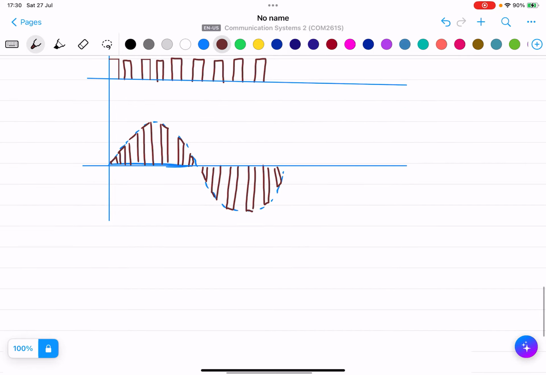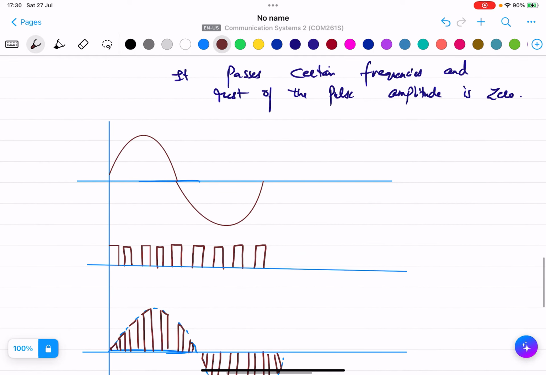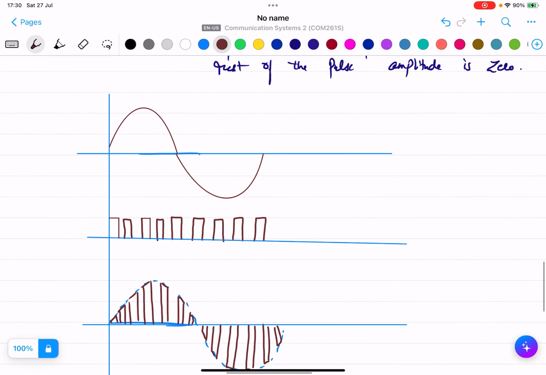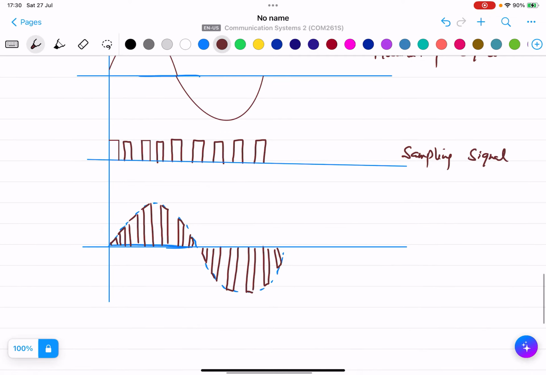So this is your sampled signal. Because it is PAM, the amplitude is varying. I can write this is your modulating signal, sampling signal, and this one is the sampled signal.